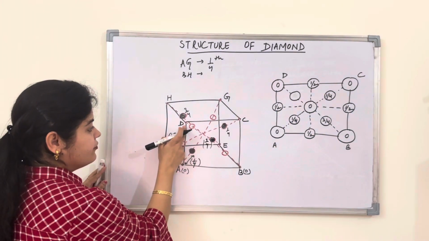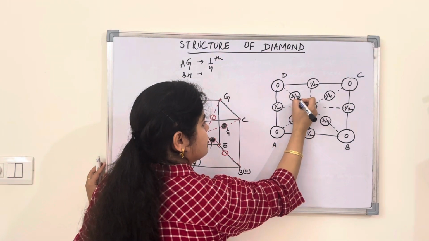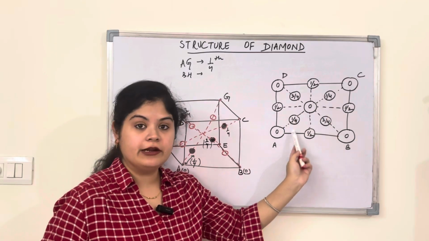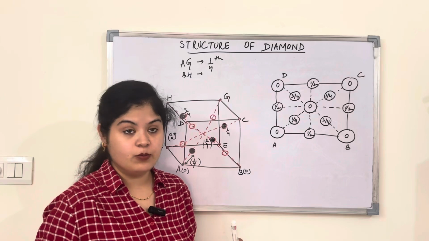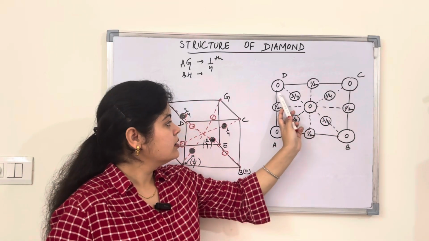And similarly, for D, the atom is at 3 by 4. So these are basically my filled tetrahedral voids, or the 4 atoms which are at the tetrahedral positions, and these are my corner atoms.